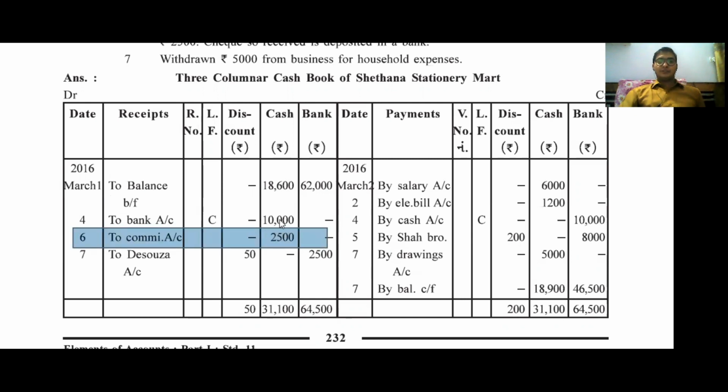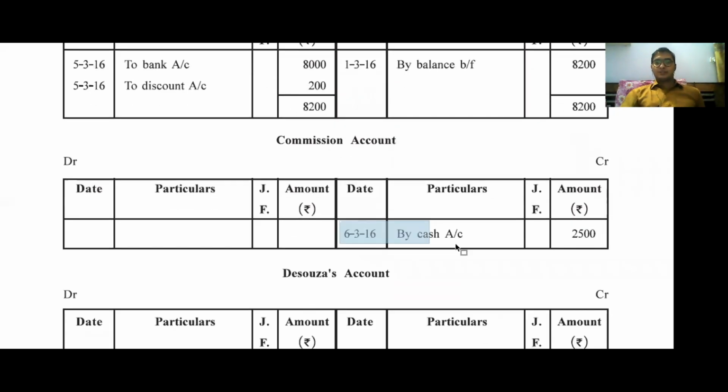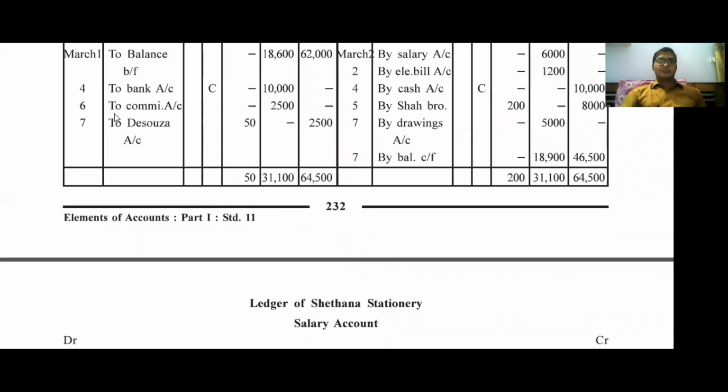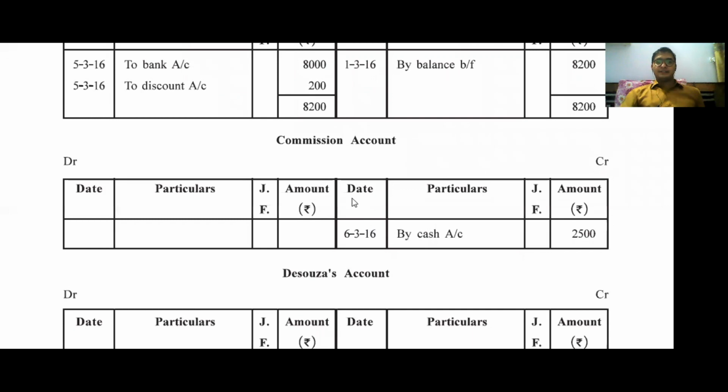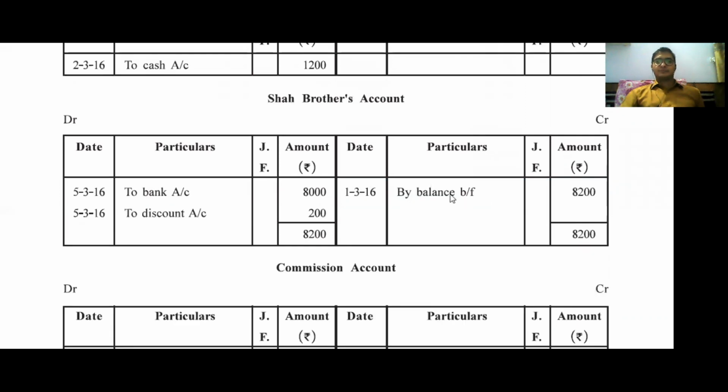So now in the commission account it is recorded on the credit side. Then after, in the D'Souza account we have to record on the credit side 50 and 2,500. In the credit side of the D'Souza account it is for 50 as well as 2,500. 2,500 is for bank, 50 for discount.